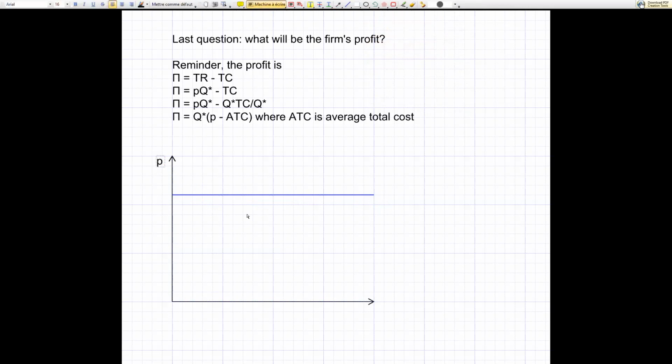This is P, this is Q. Still need the marginal cost to know how much to produce. So I know that production is going to be here. This is Q star.